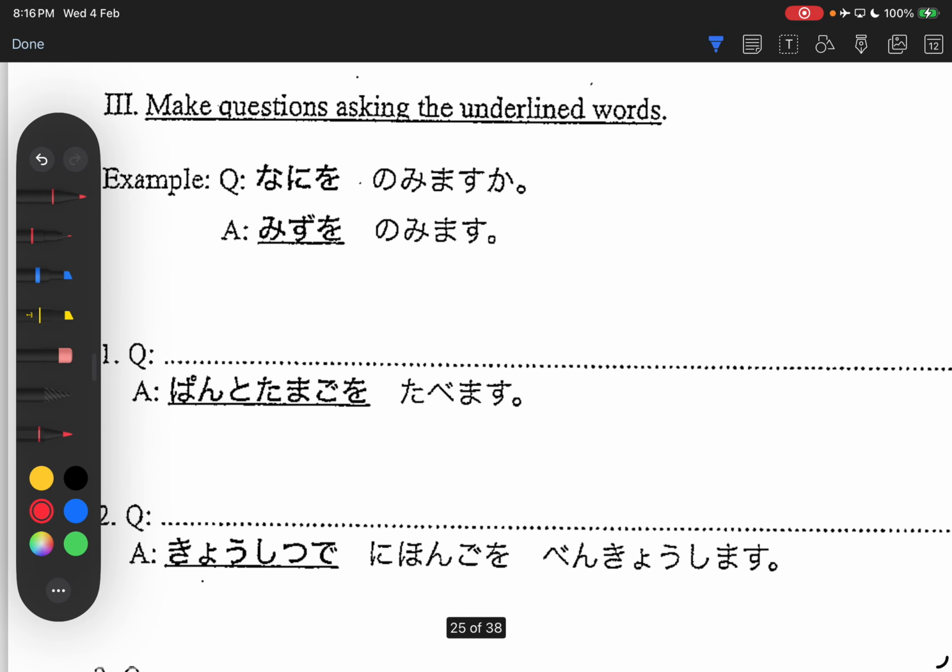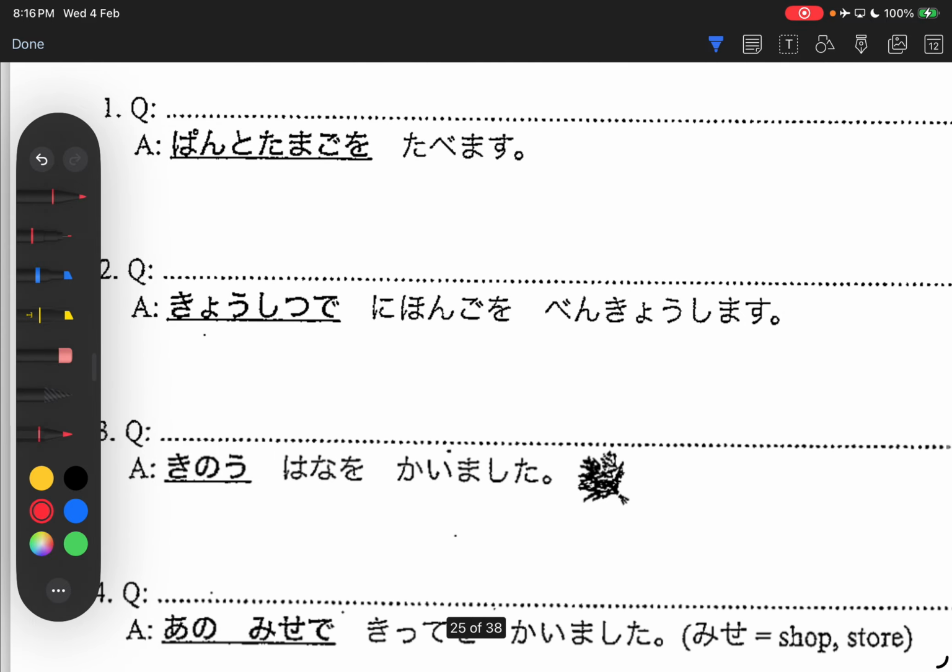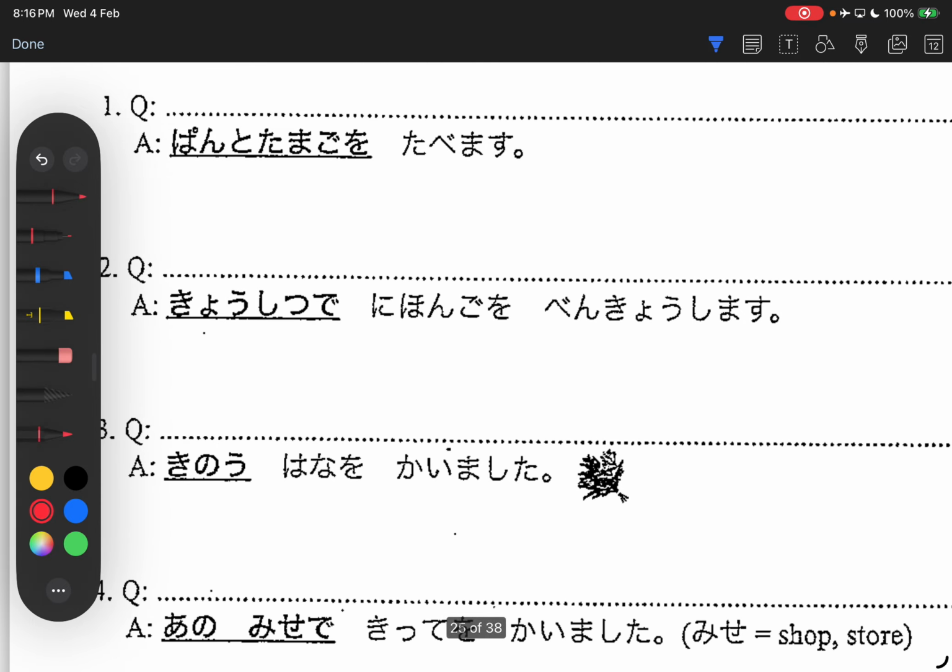Okay, next part. They want us to form the question. Who is next? The answer is パンと卵を食べます。 The question is 何を食べますか. Very good. The question here is 何. Now question 2. What is your question?